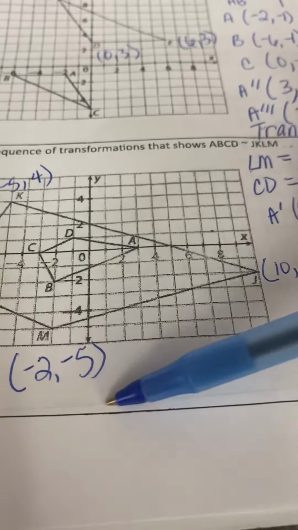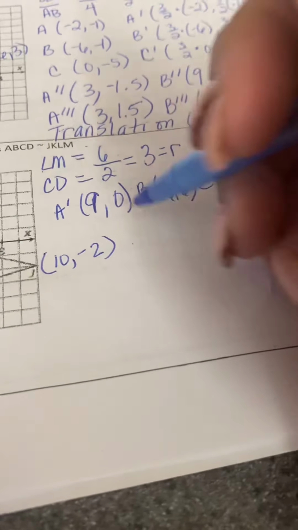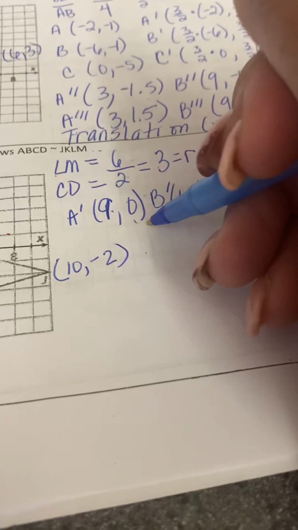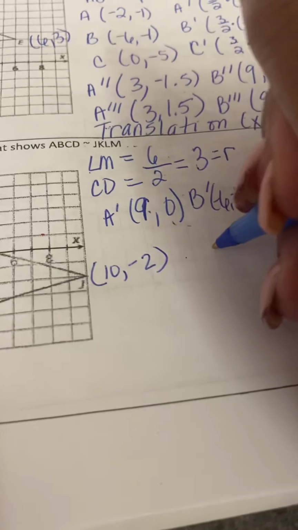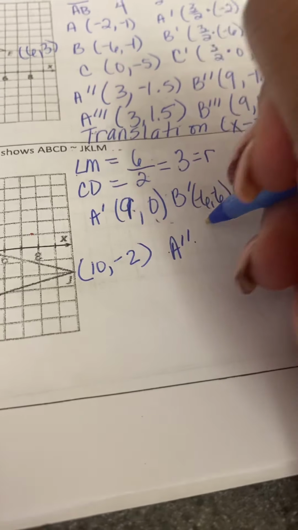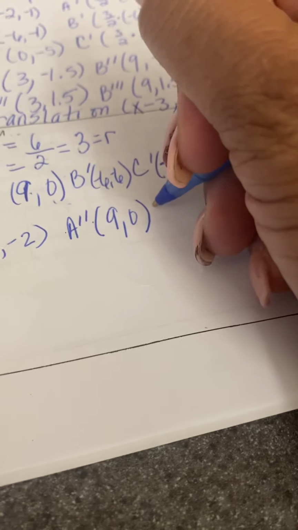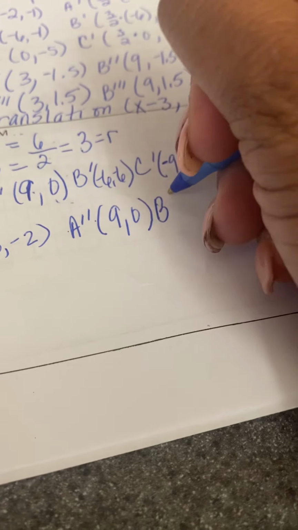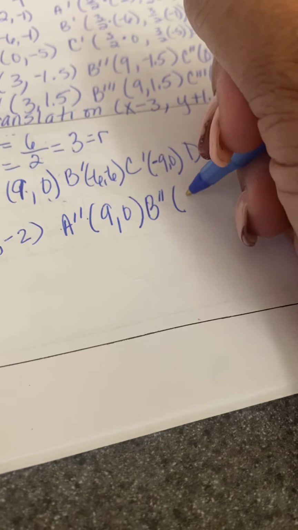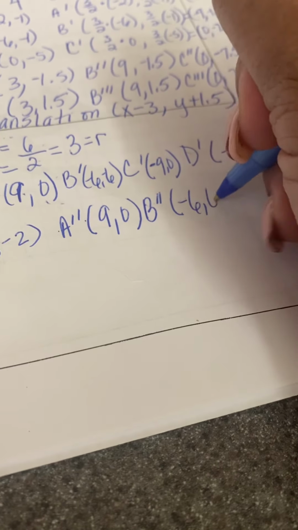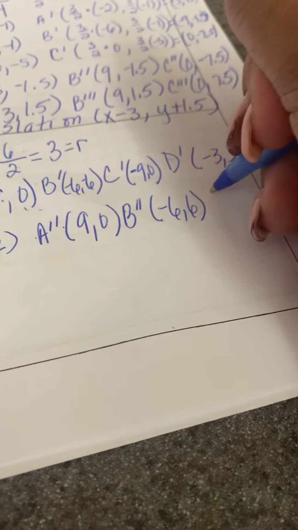So to show a reflection over the x-axis, remember our x stays the same and the y takes on the opposite. That gives us A double prime at the point 9, 0. B double prime gives us the point -6, +6. Remember, x stays the same, y becomes the opposite.